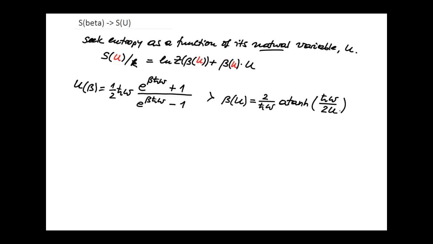We could now use this formula. We have the partition function as a function of beta. Then we could use this formula, beta as a function of U, insert it into the formula for the partition function, and then obtain the partition function as a function of U. This is straightforward, but perhaps a bit messy, because you have to work with these hyperbolic functions and their inverses.